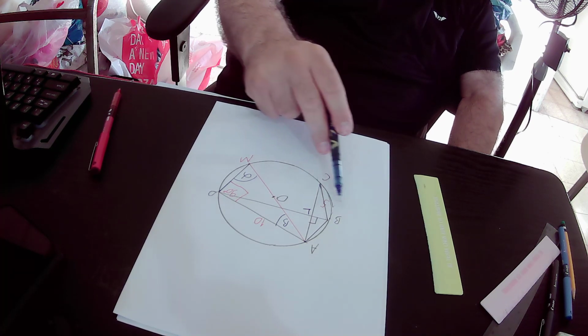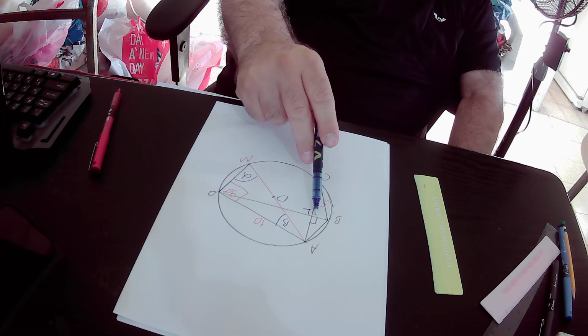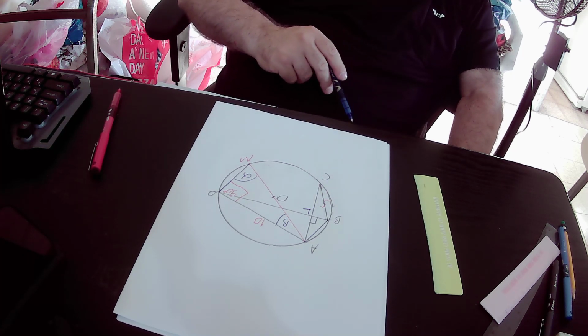Triangle ABL is a right triangle because this angle equals 90 degrees.